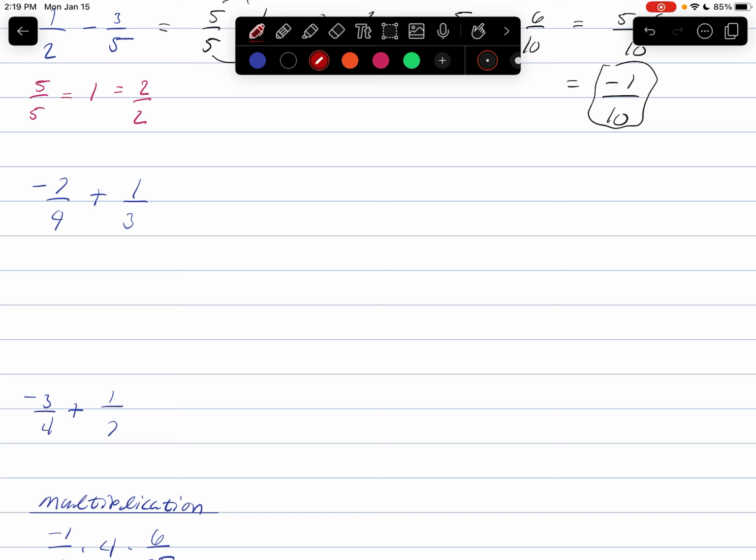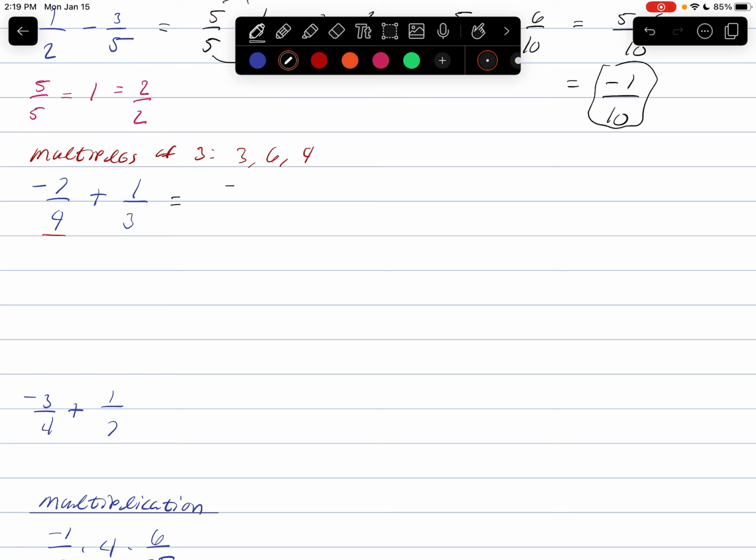If we have multiples of 3, we're going to have 3 times 1 is 3, 3 times 2 is 6, and then 3 times 3 is 9. And you see that is our denominator over here. So if we multiply 3 times 3, we get 9. So we can multiply the right fraction here, 1/3, by 3 over 3.